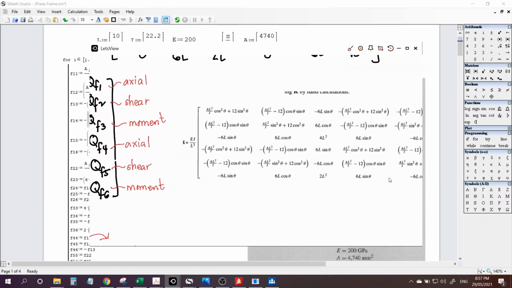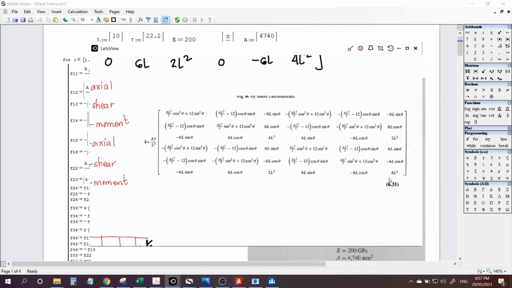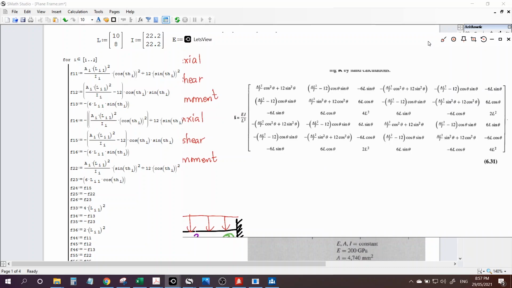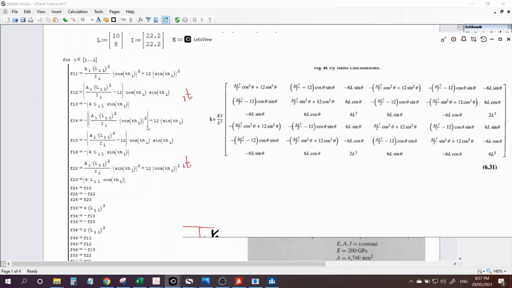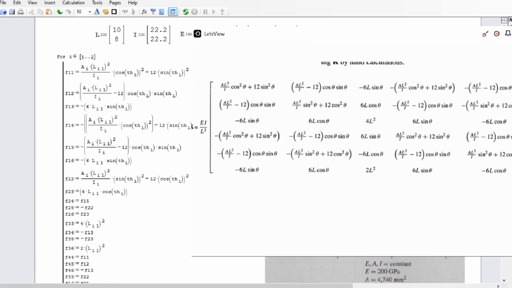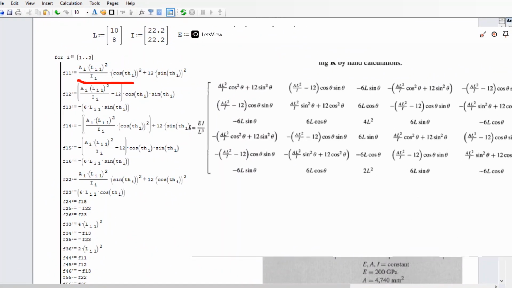So let's compare if I properly implemented this formula to our SMAT. There. K11 is AL squared over I plus 12 sine squared theta. So correct.